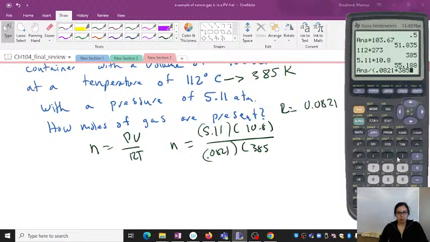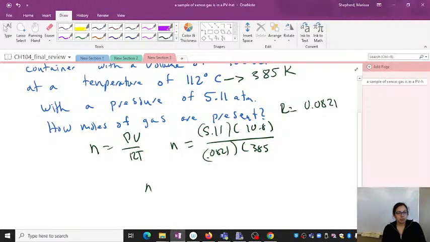Somebody's off by a factor of 10. So I got 1.7, so I'll round it to 1.76. I would just double check that you plugged everything in right, parentheses matter, or you could do divide. So N equals 1.75 moles.